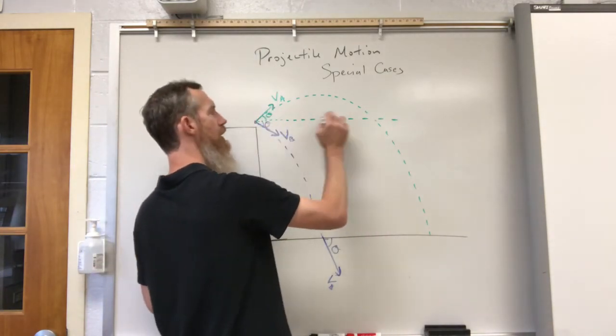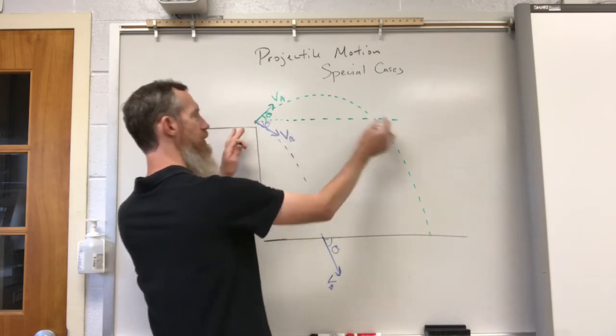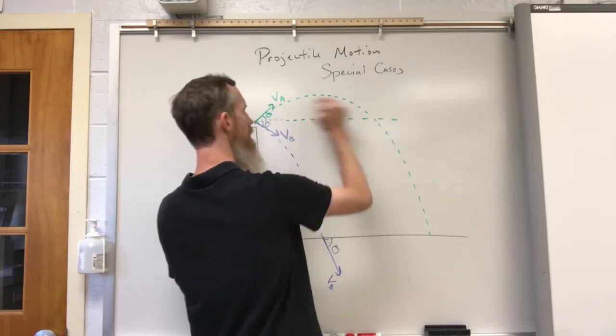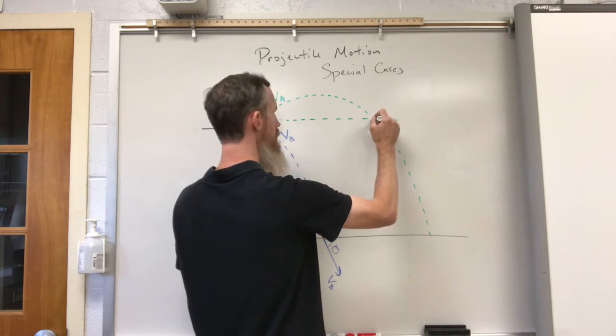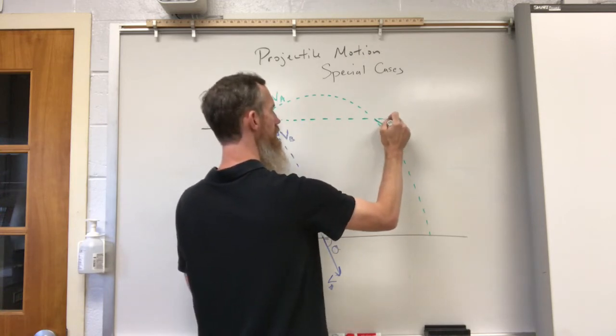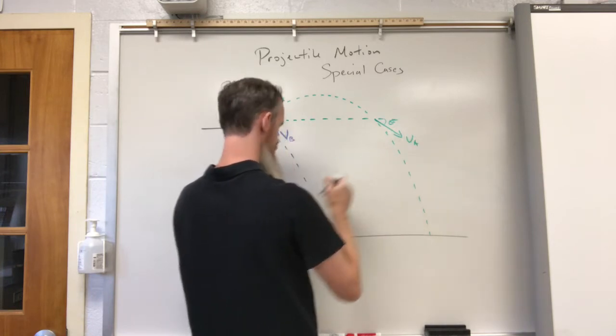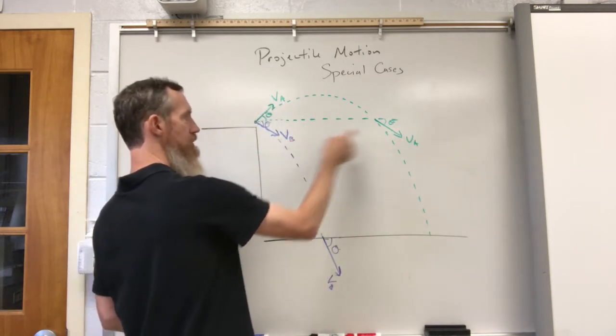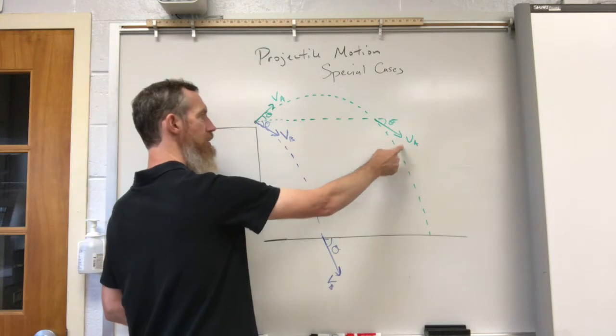But if I go to the horizontal point where they were both launched, and I redraw what A is going to look like at that moment, because it's symmetric, this angle VA is going to look identical to VB.